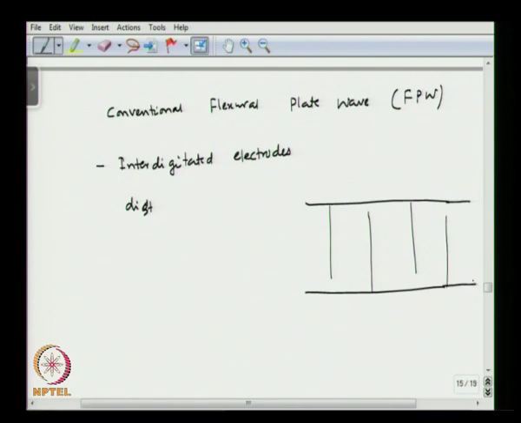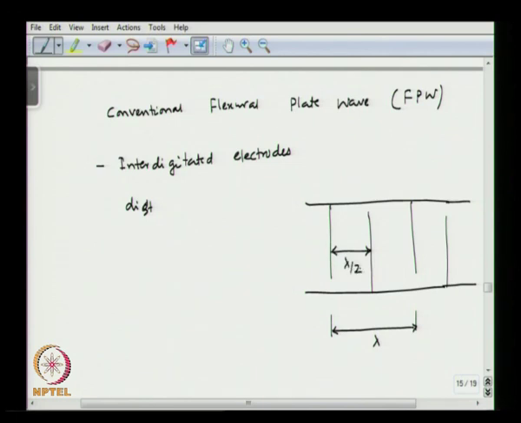Let us say this is the separation distance: on one electrode it is lambda, and between two pairs of electrodes it is lambda by 2.